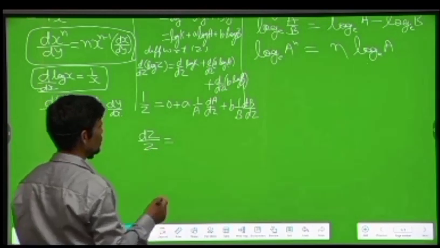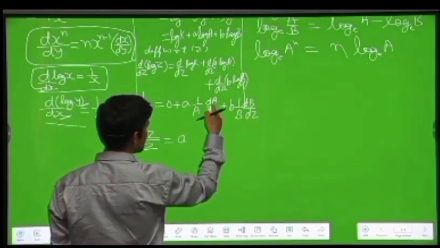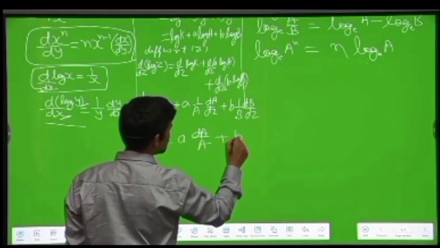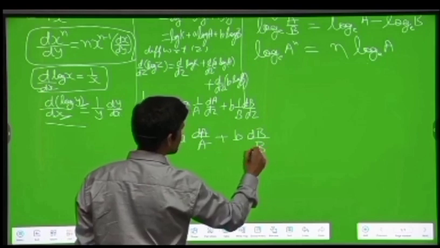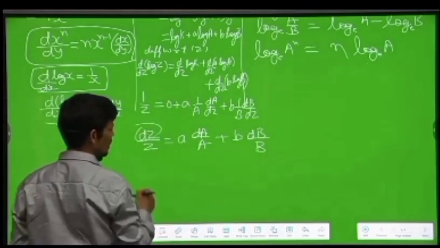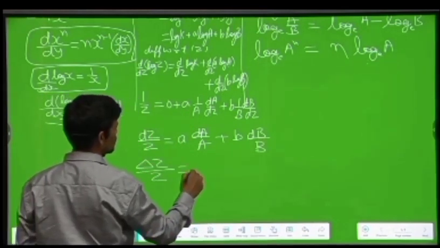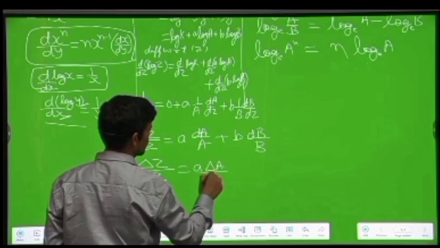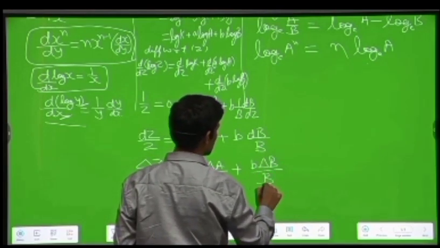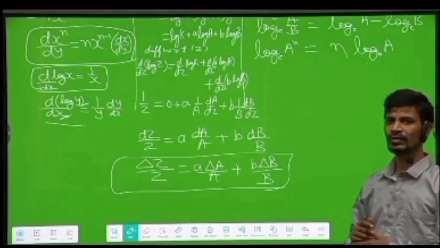So dz by z is equal to, dz has gone there, so dA by A plus B dB by B. And in terms of error limit, in general form, we can write delta z by z is equal to A delta A by A plus B delta B by B. And that was the original formula. So this is how we can proceed.